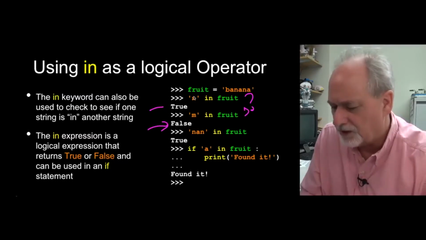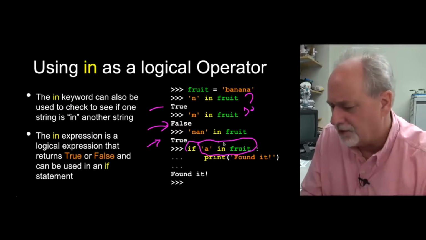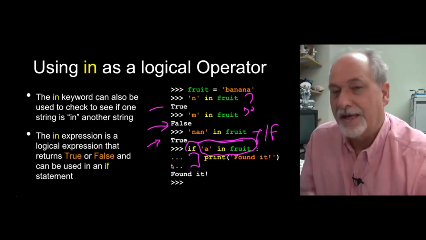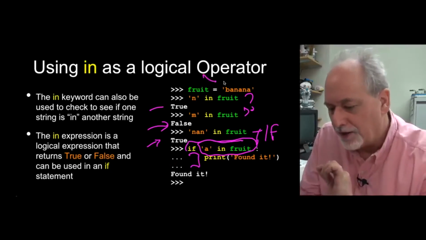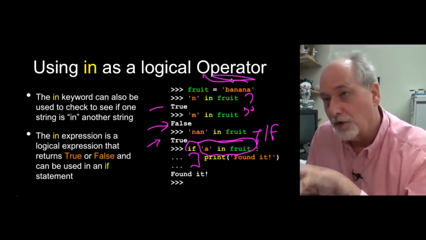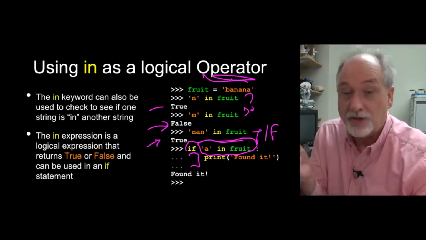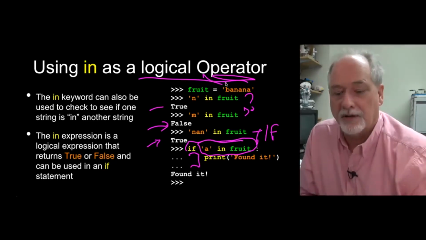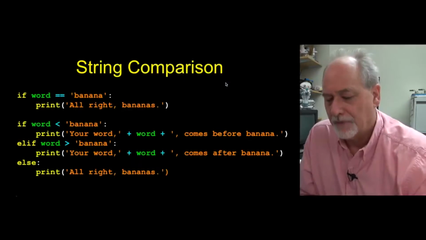It doesn't have to be a single character, it can be more than one character, and the answer is true. Then you say something like, if a in fruit, this is the logical value that returns true or false, and yes, we found it. So that becomes true, and it runs the indented bit. So in is an operator in this situation. In a for loop, in means something different. We'll use in as a logical operator for other things coming up in a bit.